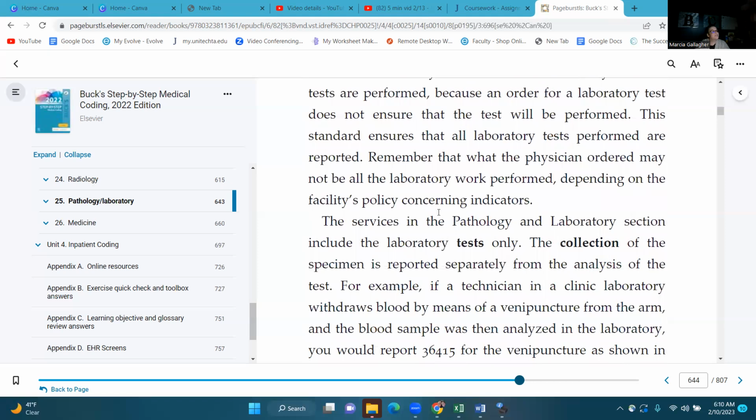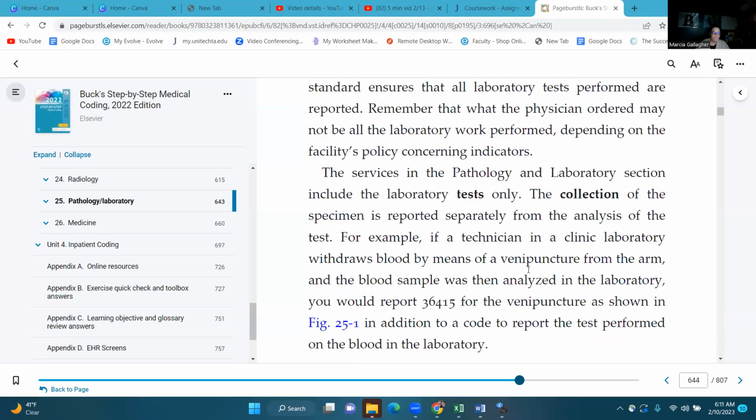So the services in the pathology and laboratory section include laboratory tests only. The collection of the specimen is reported separately from the analysis of the test. For example, if a technician in a clinic laboratory withdraws blood by means of venipuncture from the arm, the blood sample is taken, then analyzed in the laboratory, you would report 36415 for venipuncture, as shown in figure 25.1, in addition to a code to report the test performed on the blood in the laboratory.